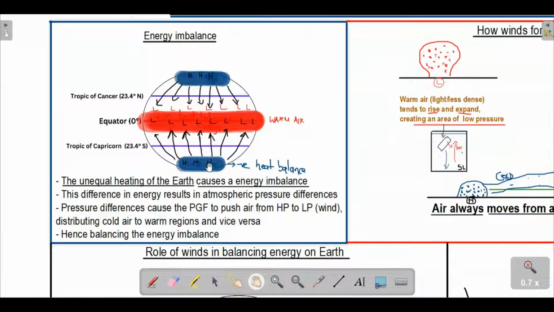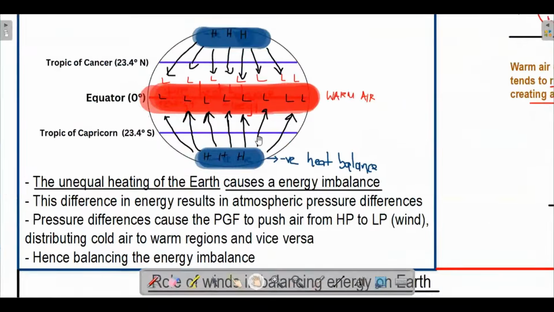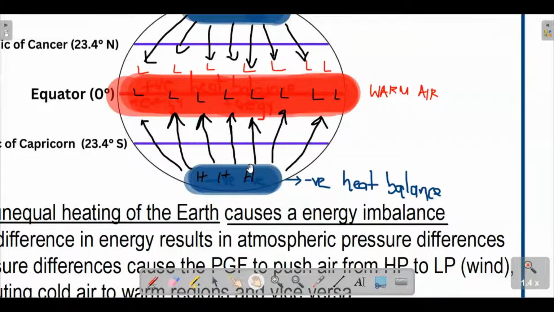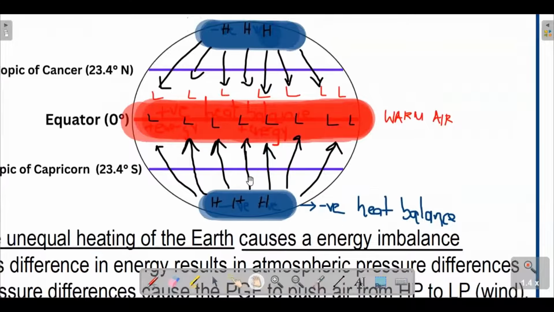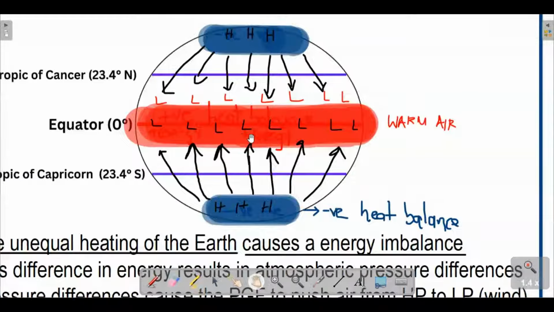Winds are moving from the polar regions to the equator, from areas where it is cold to areas where it is warm. So now this means that the energy here is going to be balanced at the equator, because it had a lot of heat, and now that heat is being lowered by introducing these cold winds from the polar regions. So these winds basically regulate the temperature there. They lower that positive heat balance so that it can be much more moderate.